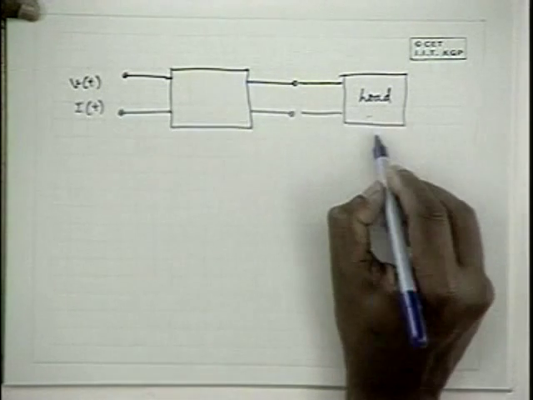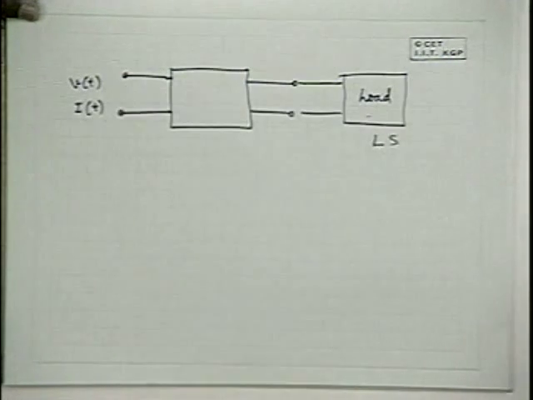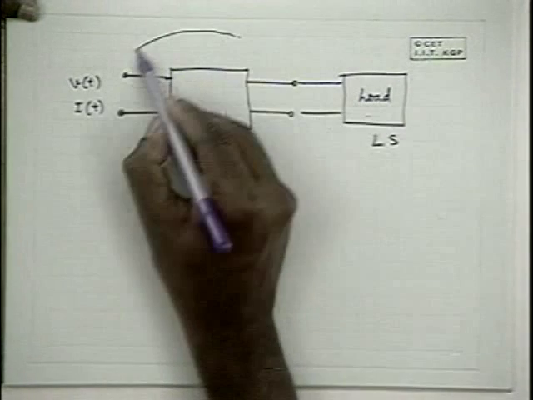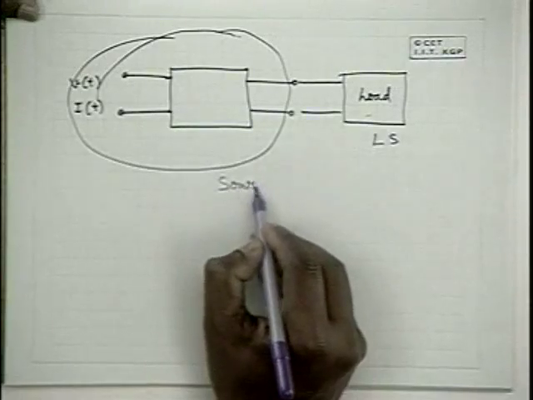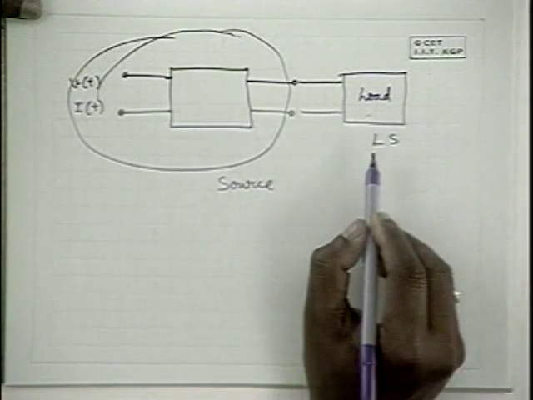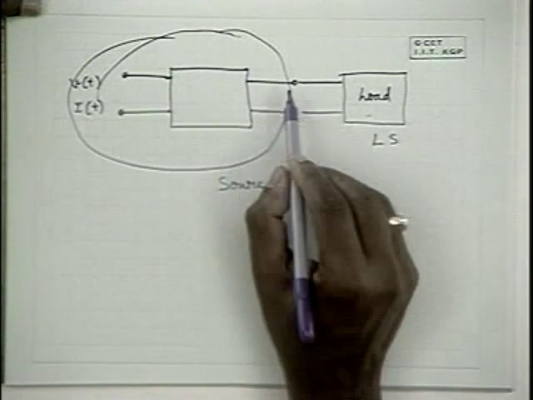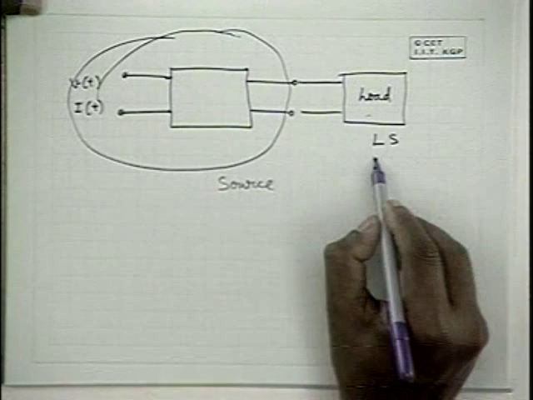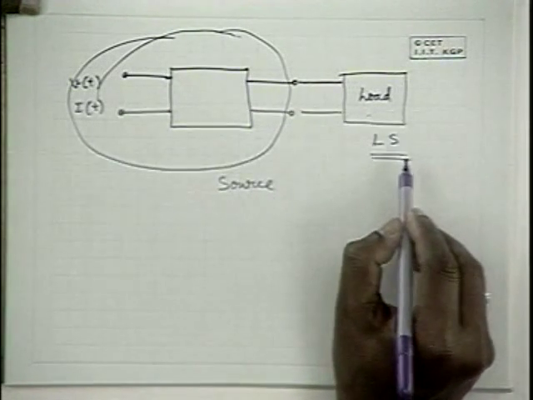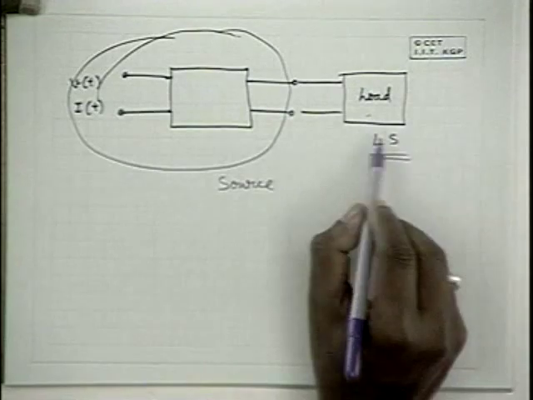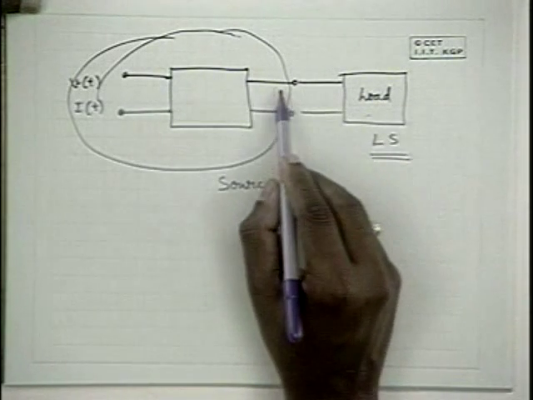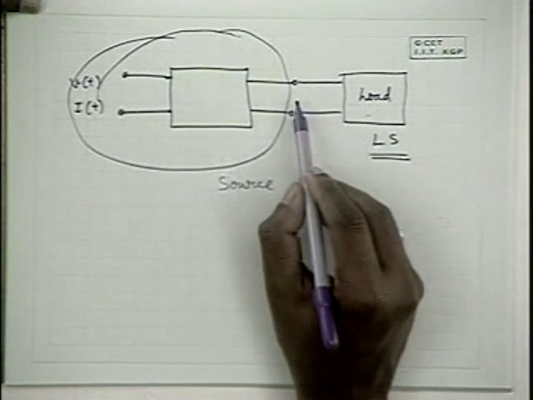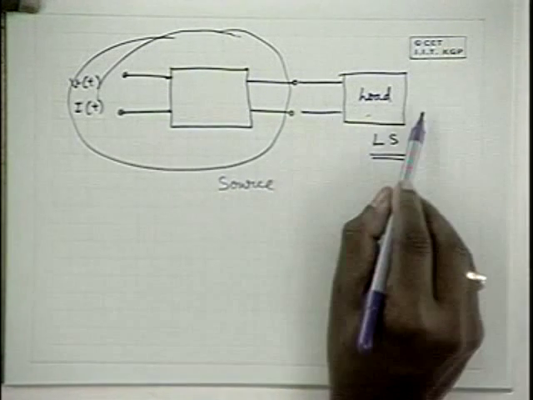So as far as the loudspeaker is concerned, this amplifier is a source. Therefore, the amplifier also acts like a source. Depending on the application and the particular load, you may need an amplified voltage signal or amplified current signals to drive the loads.